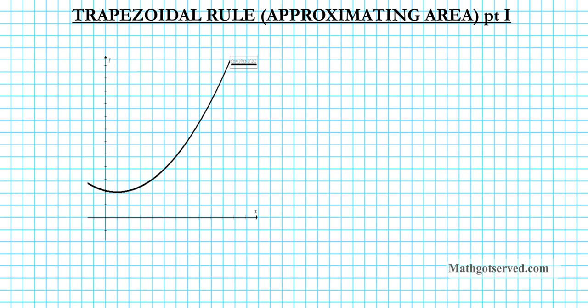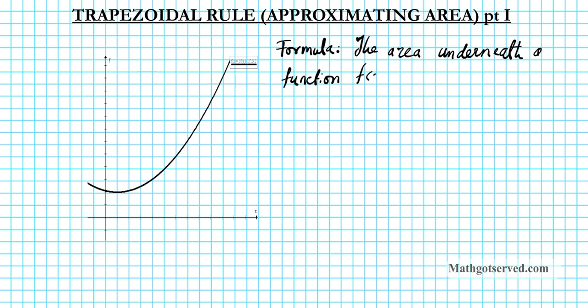Okay, so let's start off by writing down the formula. The area underneath a function, let's call it f of x, from let's say x of 1 all the way to x of n can be approximated.